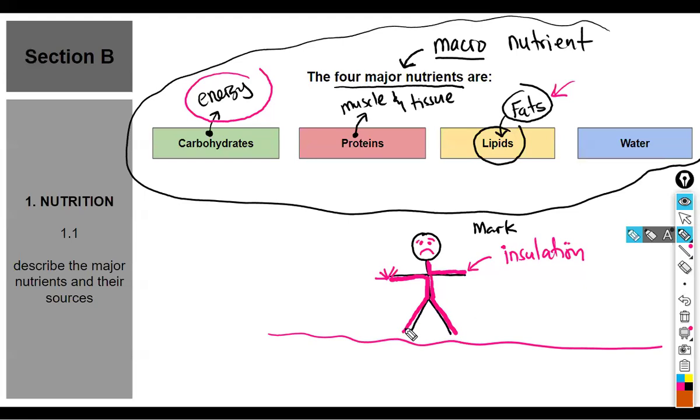Guess what your body does? Mark's body will take the fat and convert it into energy. Isn't that amazing? So the fat on your body is like a storage for energy, but it's almost like a second resort.